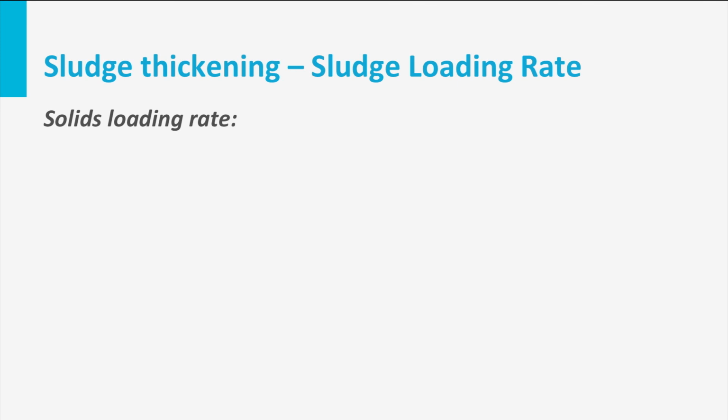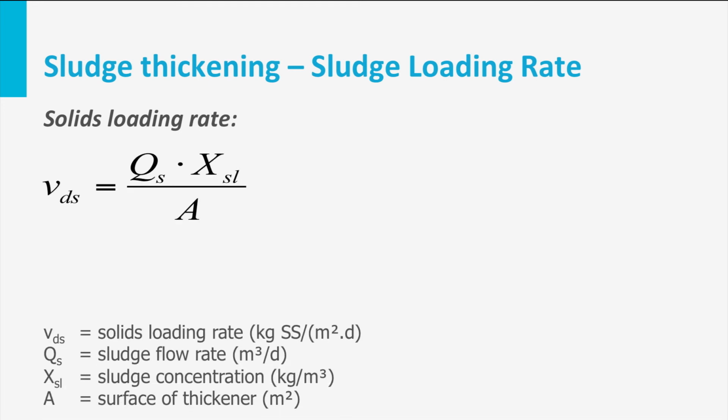In terms of designing, the nature and the quality of the sludge must be taken into account. The most important variables are the suspended solid load, expressed as VDS in this formula, and the sludge retention time. QS stands for the sludge flow rate, XSL is the sludge concentration, and A is the surface of the thickener.